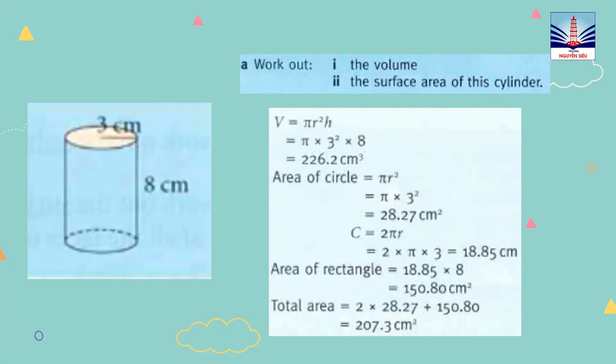So the given formula for the volume of a cylinder is pi radius squared times height, and you got 226.2 centimeters cubed, and then you calculate the area of the cross-section, the circle. You have 28.27 centimeters squared.